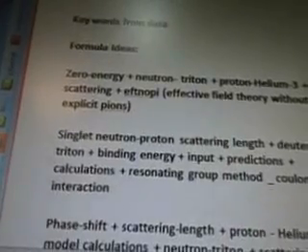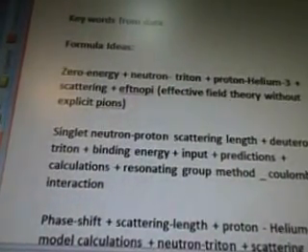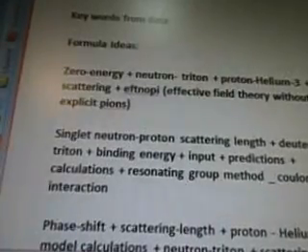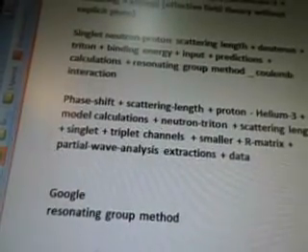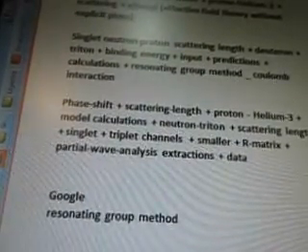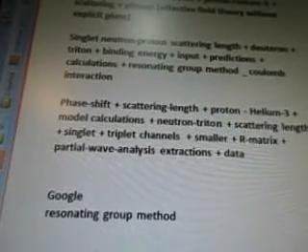June 24, 2012. Keywords from the data, the formula ideas. You want to take your zero energy, add neutron triton, plus proton helium 3, plus scattering, plus EFTNOPI, effective field theory without explicit pions. Singlet neutron proton scattering length, plus deuteron, plus triton, plus binding energy, plus input, plus predictions.